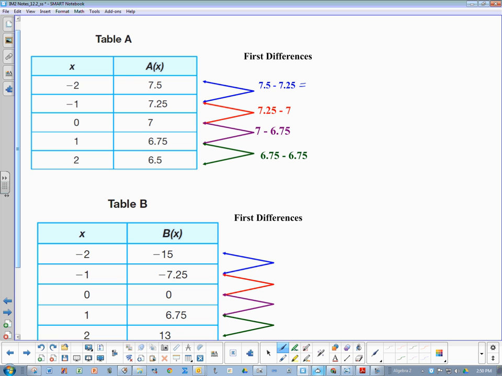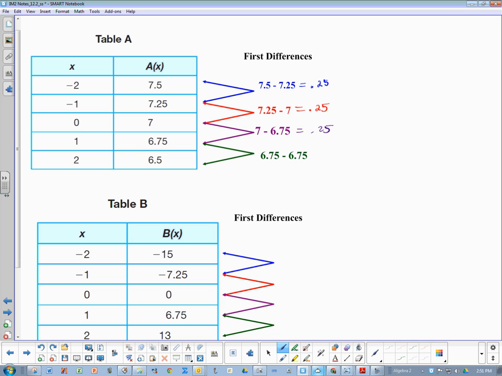I'm going to subtract 7.5 and 7.25, and we get 0.25. Let's subtract these two. So 7.25 minus 7. That's going to be, again, 0.25. Next one. 0.25. Next one.